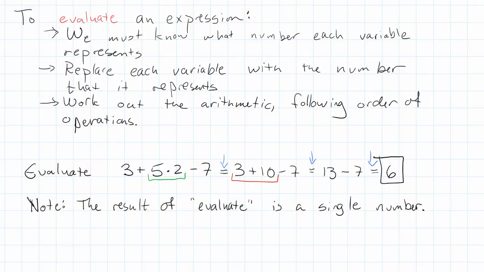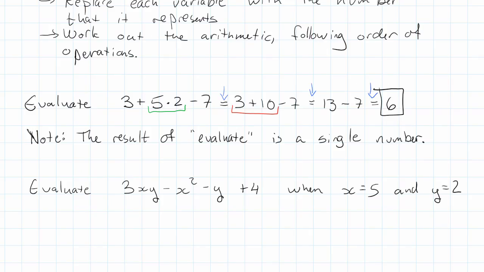Alright, let's see an example that includes some variables. Suppose we're asked to evaluate 3xy minus x squared minus y plus 4 when x equals 5 and y equals 2. Notice what's happened here. We were just told the values of the variables.